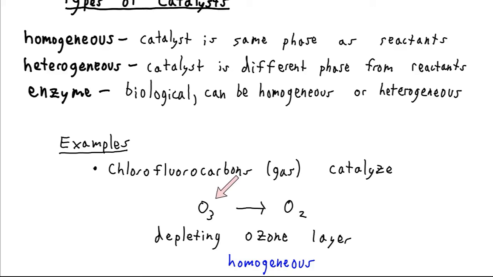Now, ozone absorbs ultraviolet light, so it provides some shielding for the Earth. And as a problem, these chlorofluorocarbons escape into the upper atmosphere, and they catalyze this reaction. And because they're a catalyst, they are not consumed by the reaction, so they're free to go on and perform this reaction again for other ozone molecules. And they're very persistent and consume a lot of ozone.